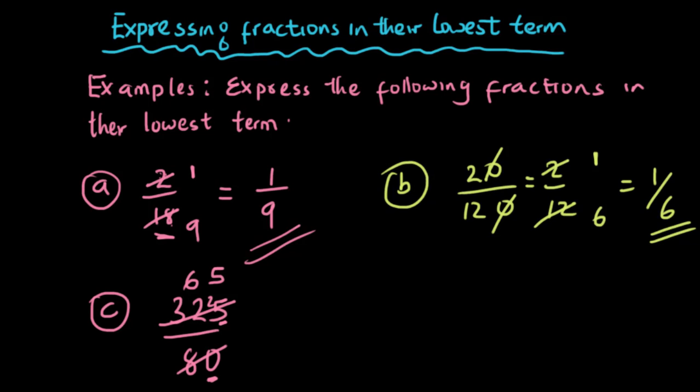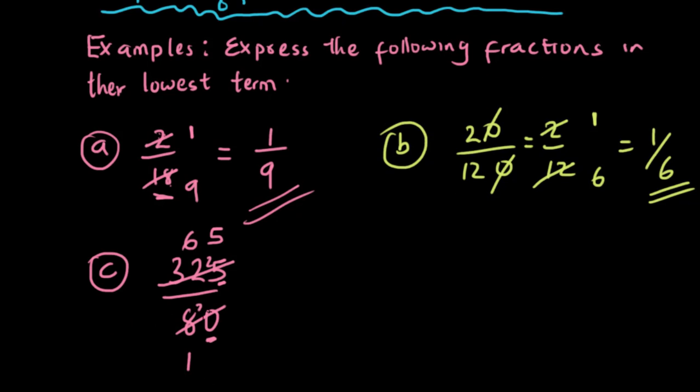Then we have 5 in 8 is 1, remainder 3. 5 in 30 is 6. So we have 65 all over 16. Now we need to ask ourselves, can anything go in 65 and 16? Now obviously nothing can go in 65 and 16. So this is our answer.